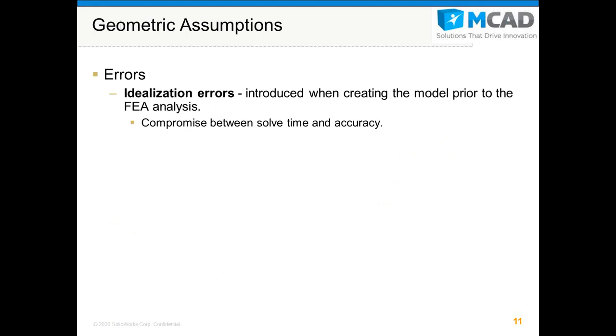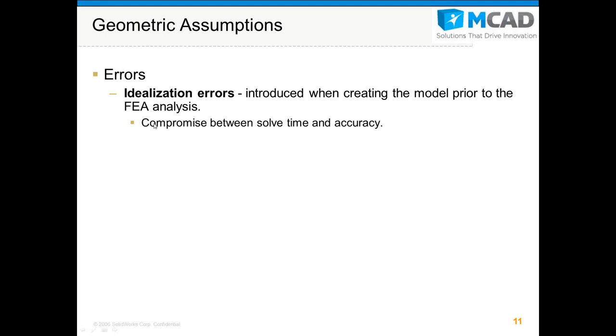All right. Now, some other things here. There can be some errors within the analysis, and it's a buildup of everything. It's a buildup starting from the beginning in the idealization stage, where when you create that model, you may be taking out more detail than is needed.